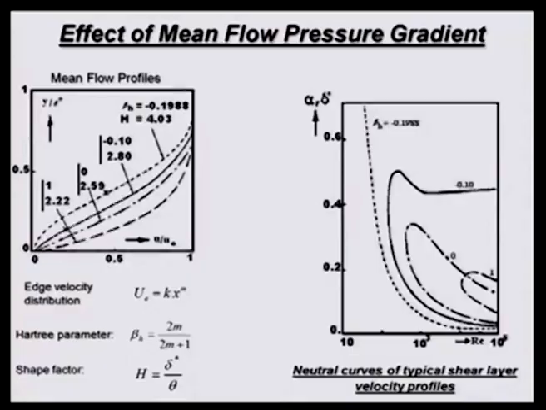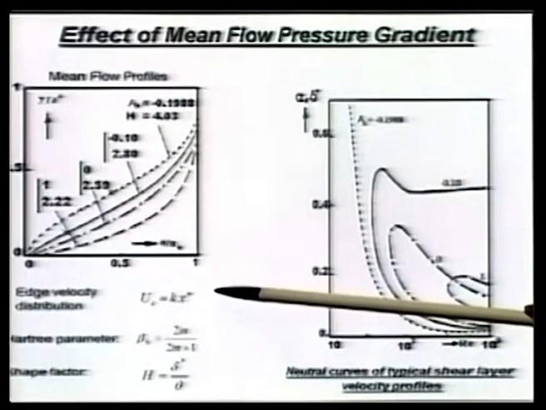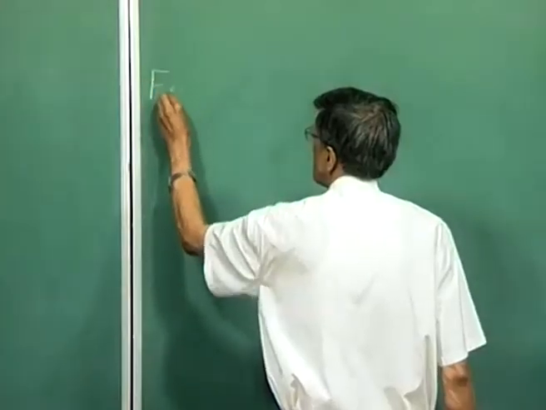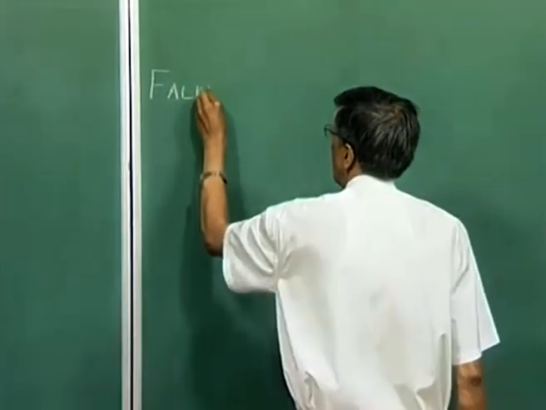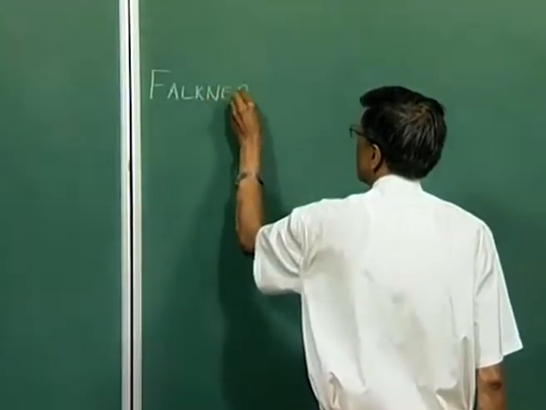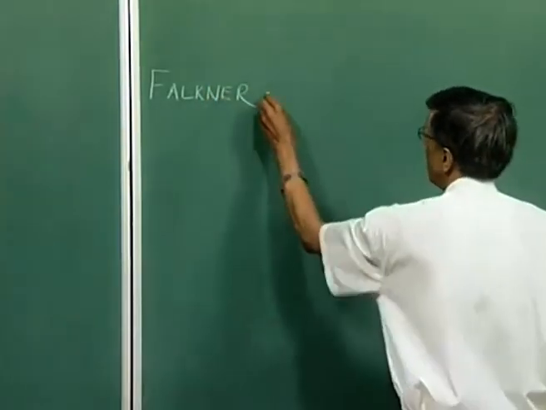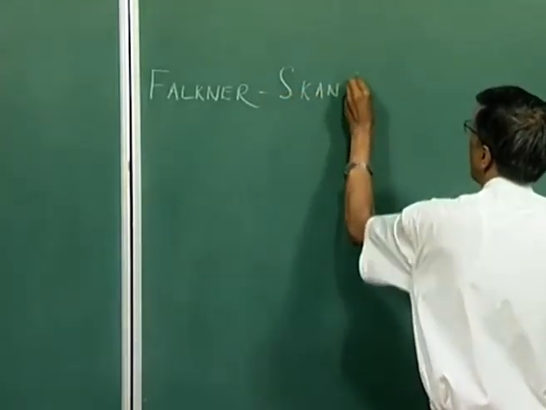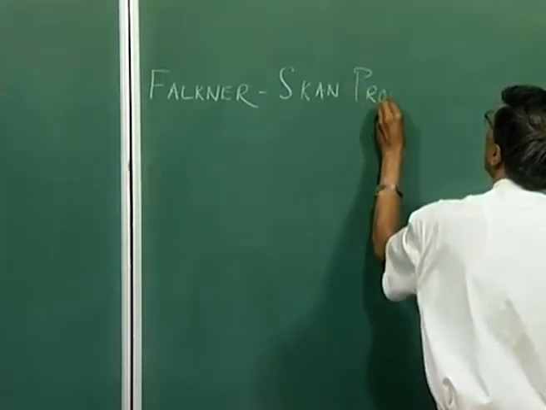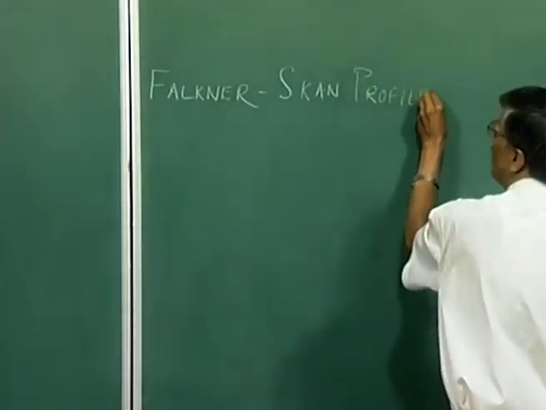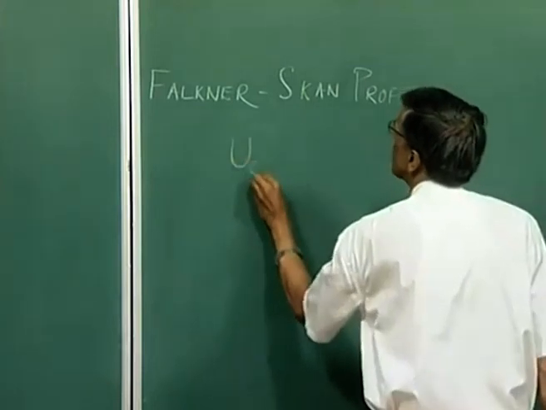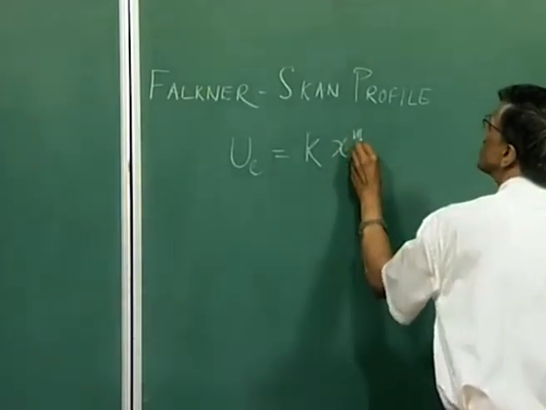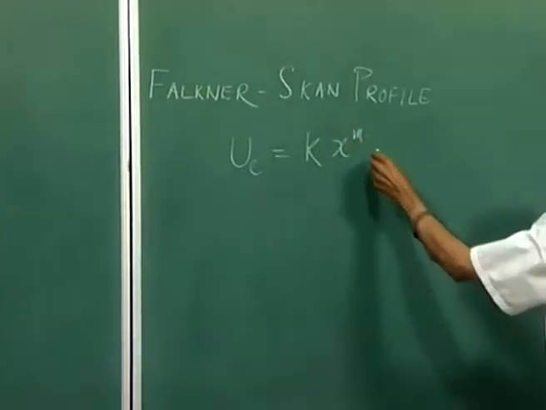That is what we are representing here by the Faulkner-Skan profile. The Faulkner-Skan profile is characterized by that external edge velocity distribution given by u e equal to some constant k times x to the power m, and this m is what is called the Faulkner-Skan parameter.